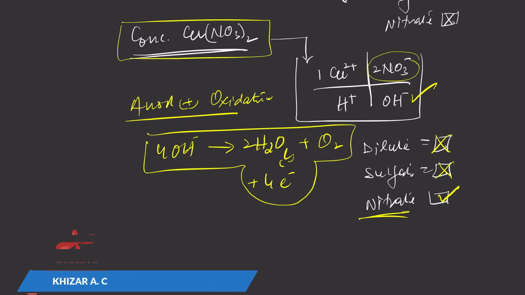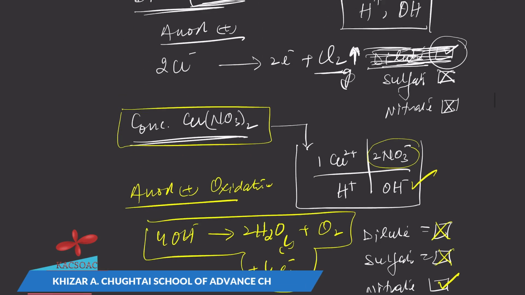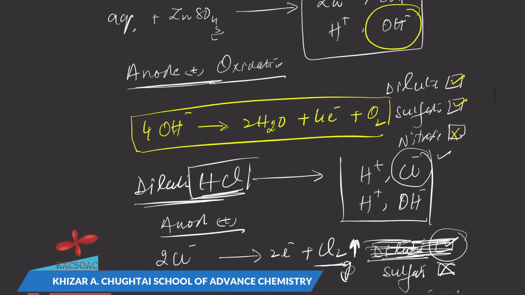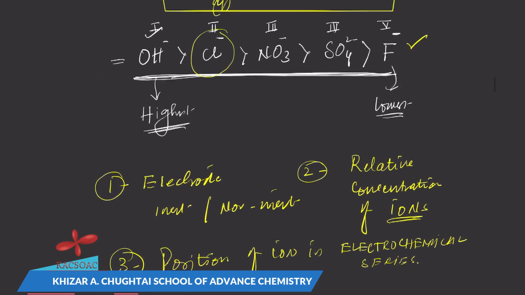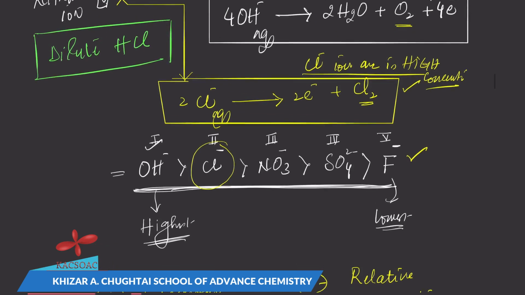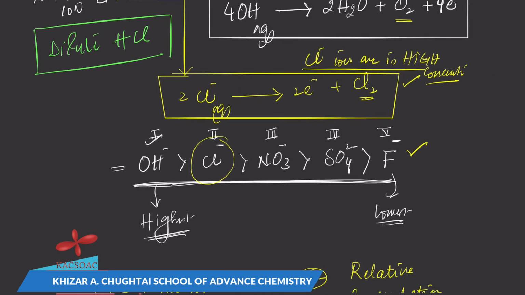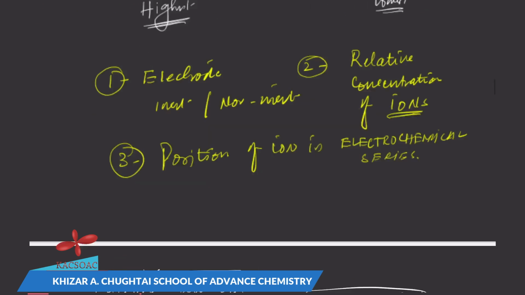I hope you will be very much familiar now with how to write the equation at anode and how to predict the outcomes at anode. And this is the electrochemical series of dischargeness, also known as preferential dischargeness or selective dischargeness.